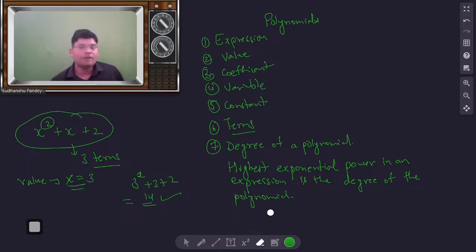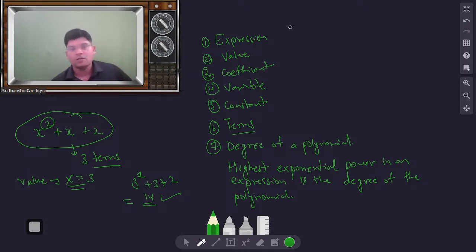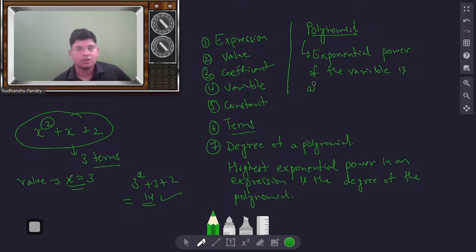Now what is the difference between a polynomial and an expression? The difference is that in polynomials, the exponential power of the variable is always a whole number.